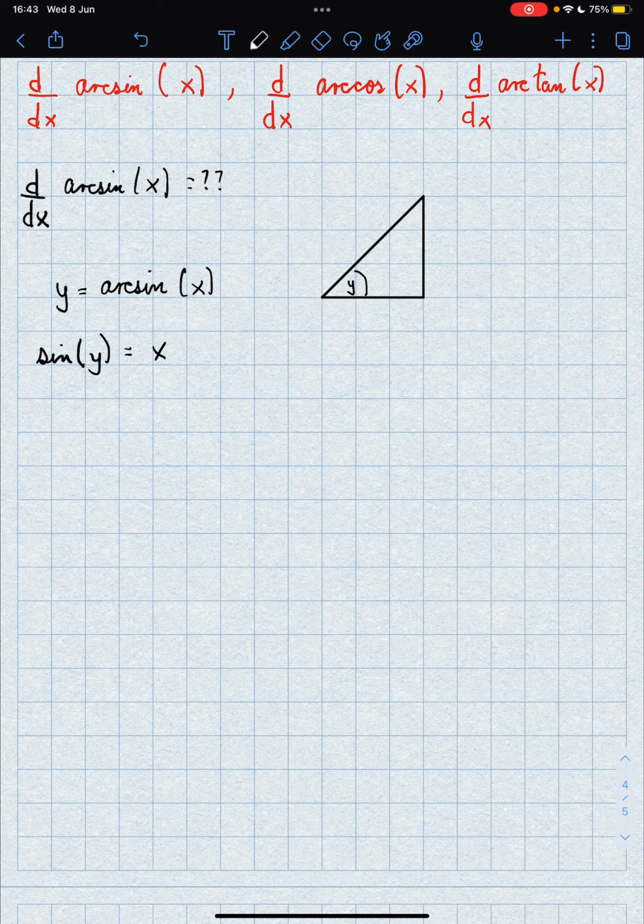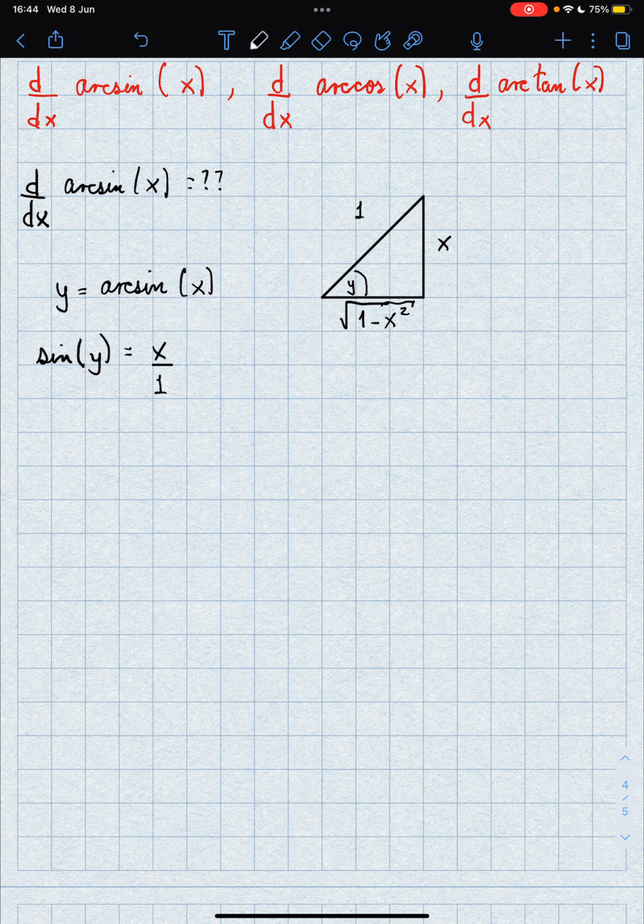Imagine that you have a 1, the hypotenuse. So you have the opposite side over the hypotenuse: this is x and this is 1. If I want the adjacent, the expression is square root of 1 minus x squared. Perfect.